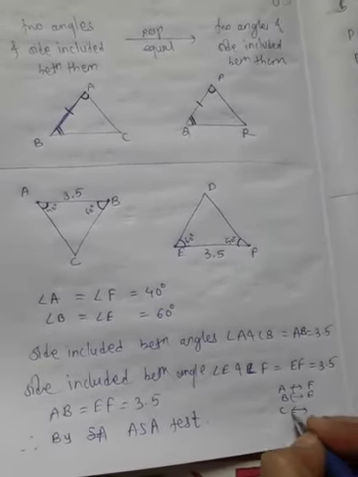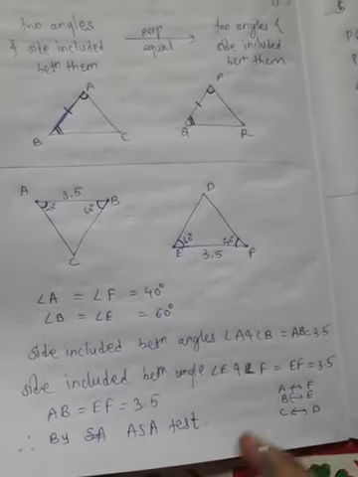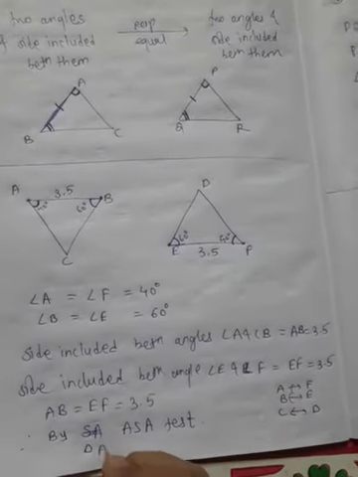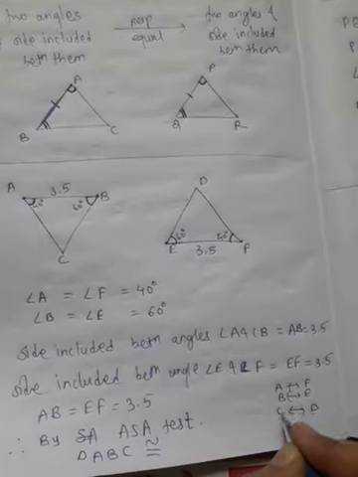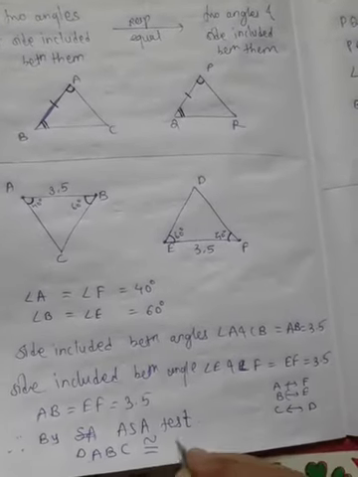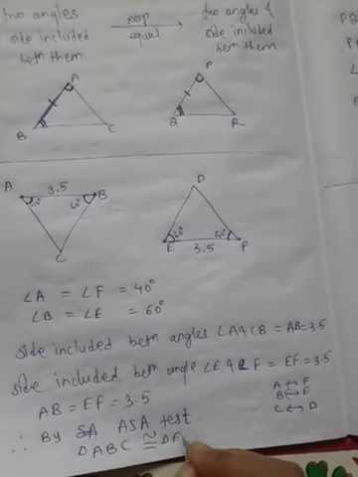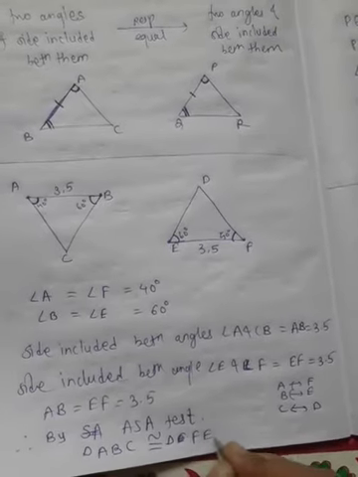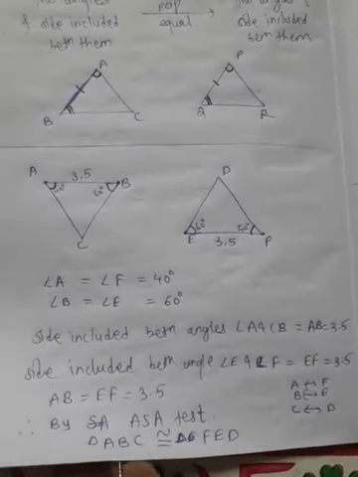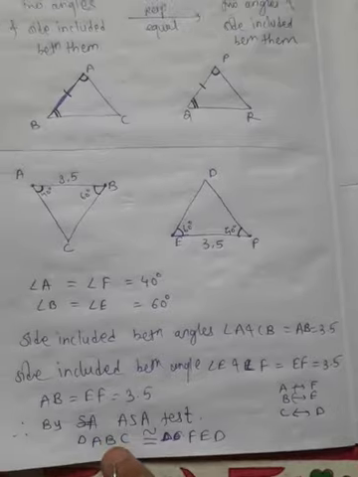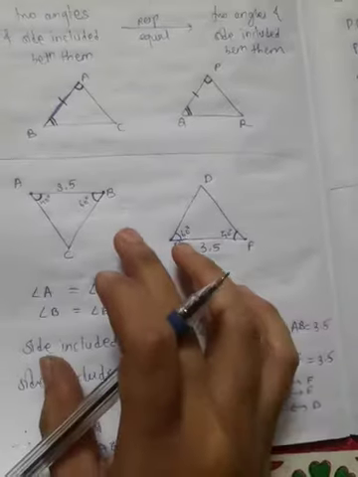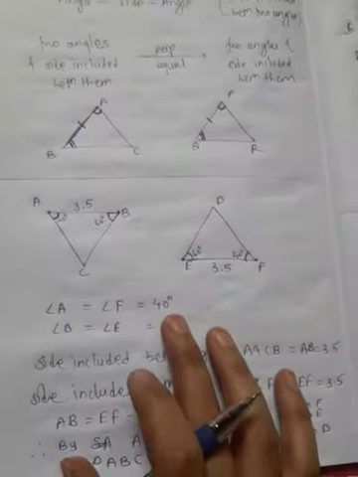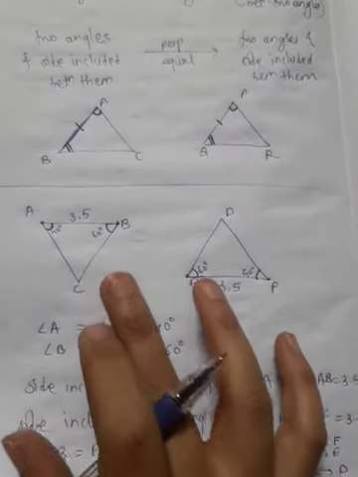C. Now C corresponds to D. So triangle ABC is congruent to triangle FED. While writing congruence you must put the order as per correspondence.